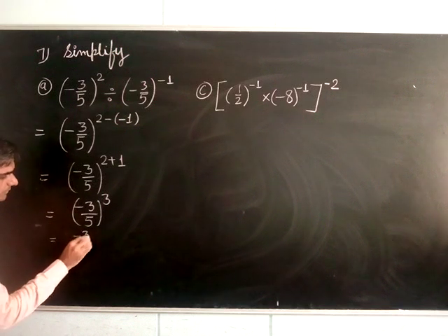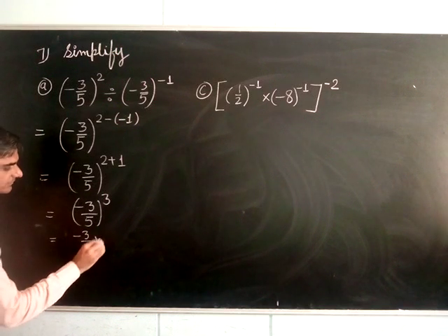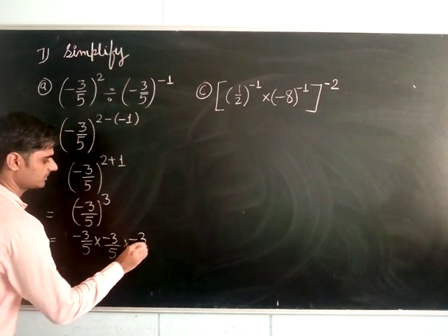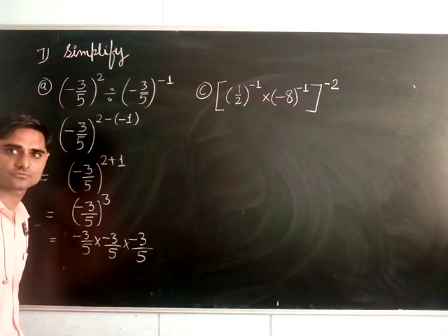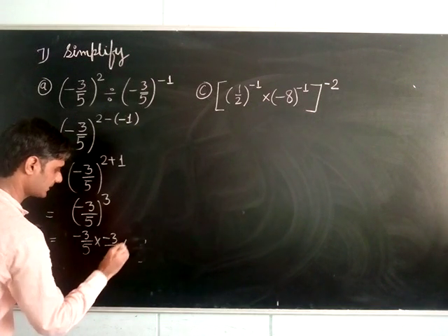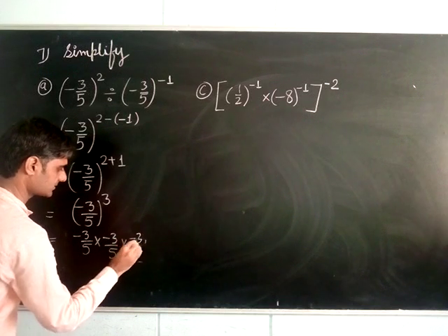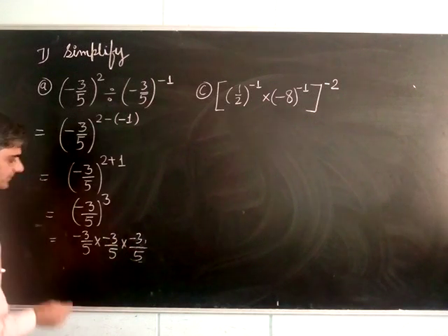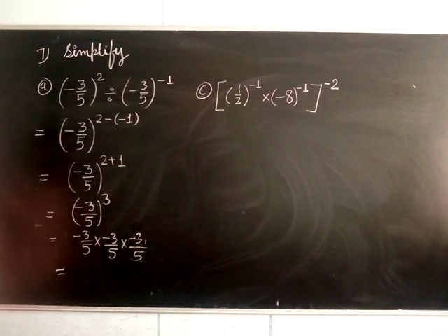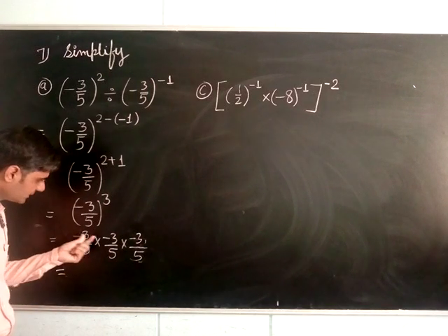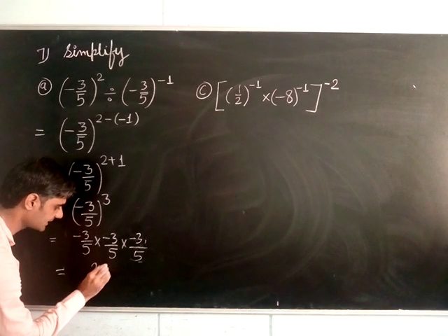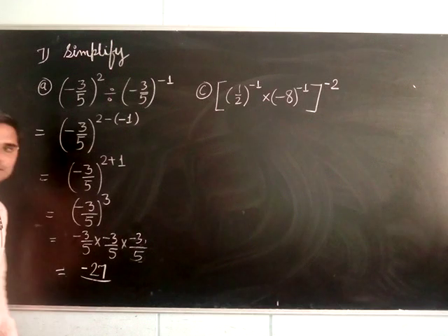Right? So we have to write this one 3 times. This will be equal to minus 3 upon 5 multiplied by minus 3 upon 5 multiplied by minus 3 upon 5. Right? Can you write it? Now see, if it is divisible, you may divide, otherwise multiply. 3 3s are 9 and 9 3s are 27 with negative sign because it's an odd number.